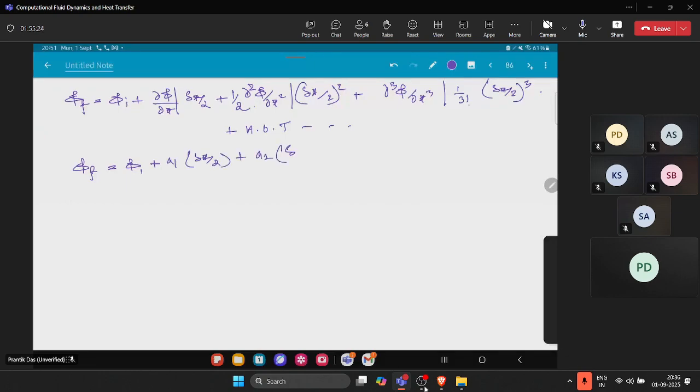So if I compare this thing, we will see that that is actually third order accurate. So d cube phi dx cube is basically your leading term error. Okay. So convective scheme is third order accurate.